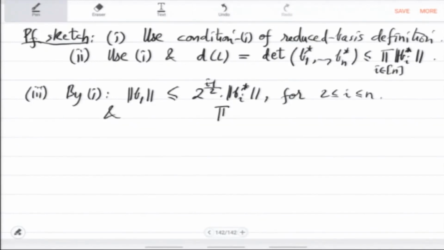and the fact that the product of bi star over all the i's, the product of bi star square, is d_L.